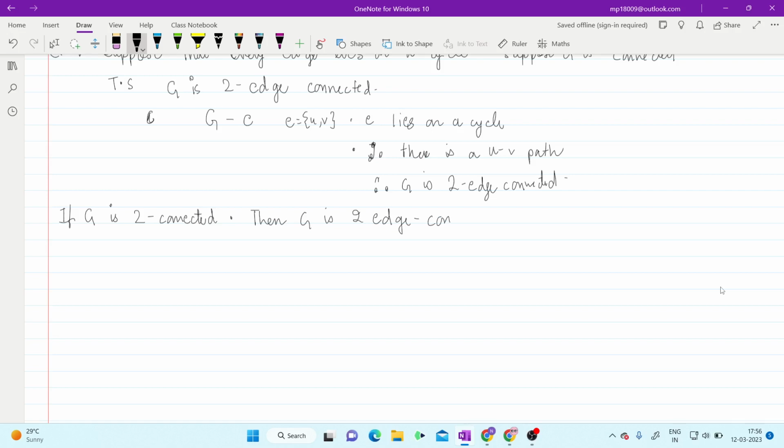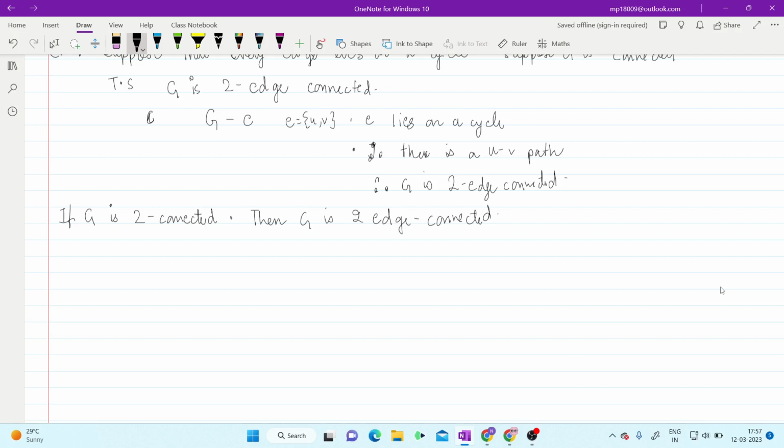Why is this true? G is two connected means removal of a vertex does not disconnect the graph. If we remove one vertex, we will delete at least one edge, and the graph will remain connected. Yes, that is fine.